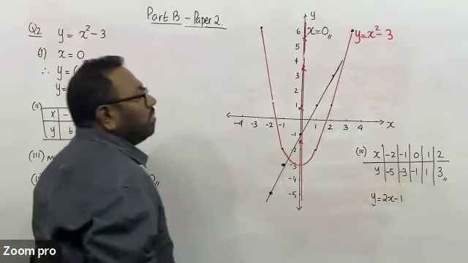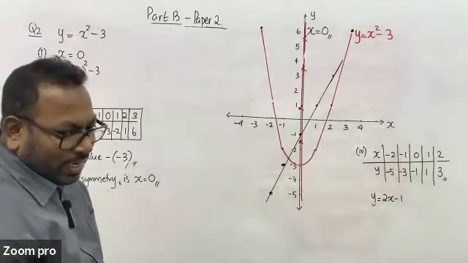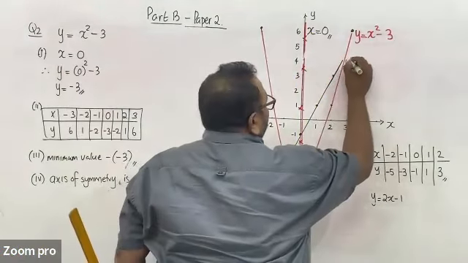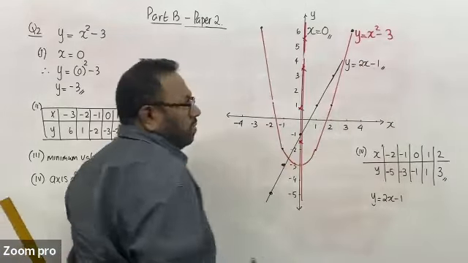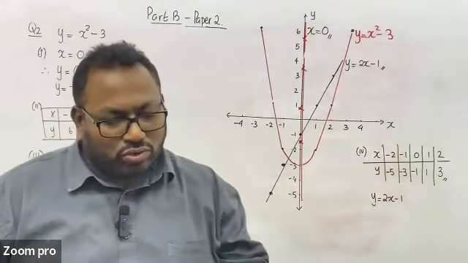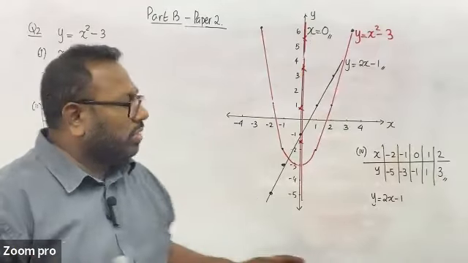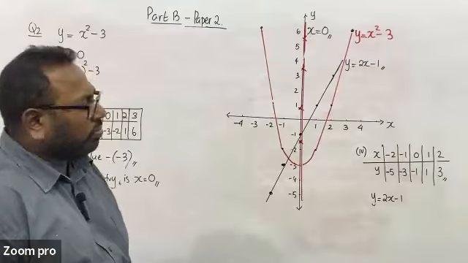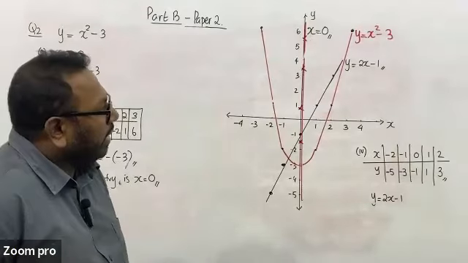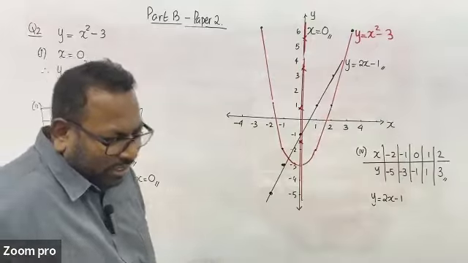This should be here. So that is your line, y equals 2x minus 1. That's all they're asking you to do on the same coordinate. Draw the line over here. Any questions? Graph question.